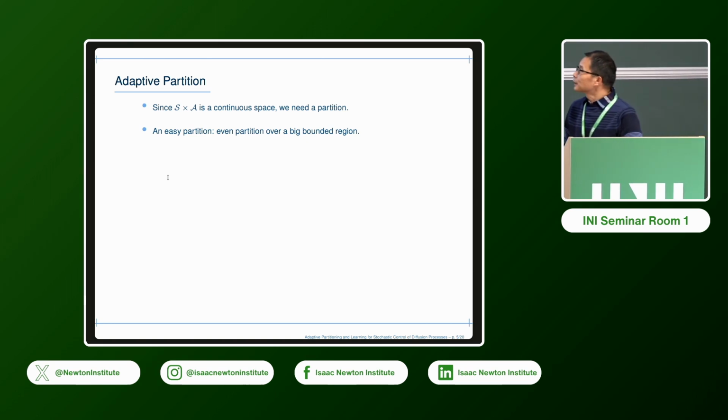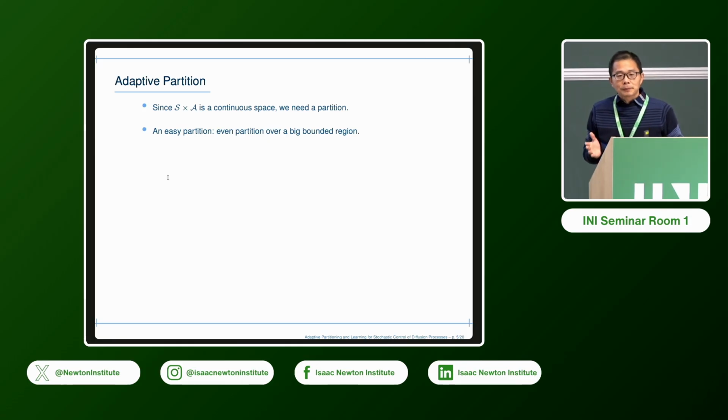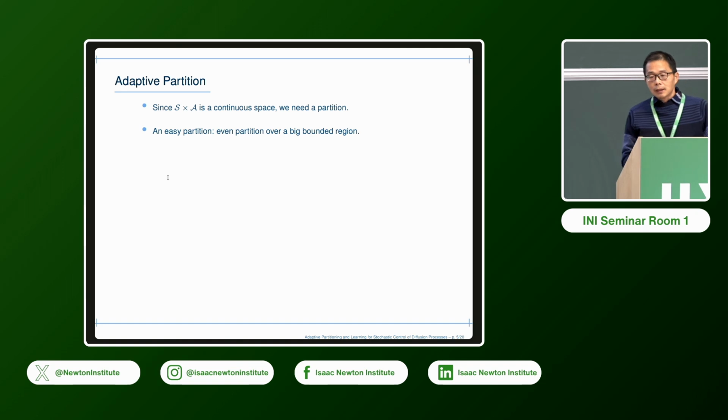So we need to do a partition to take advantage of reinforcement learning algorithms. An easy partition is to evenly partition the big space, but of course this will be very, very costly, both in terms of space and time.